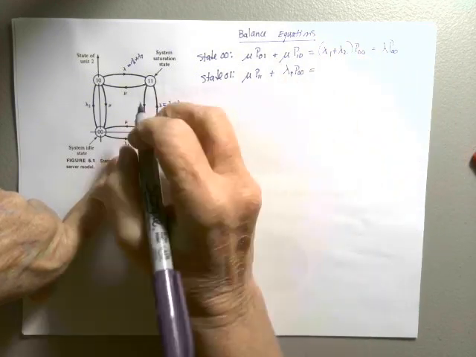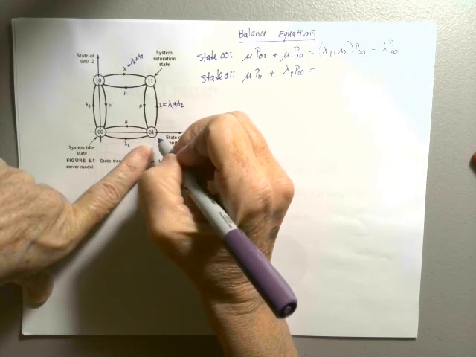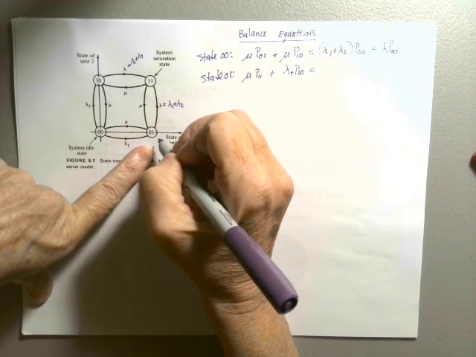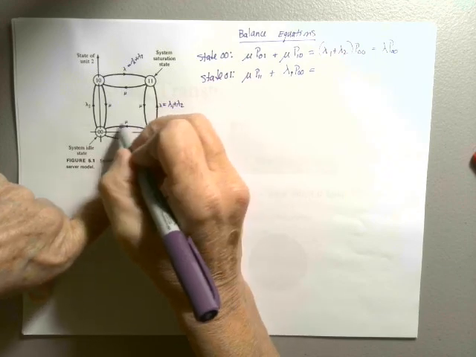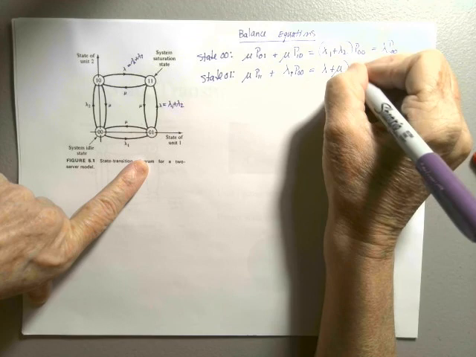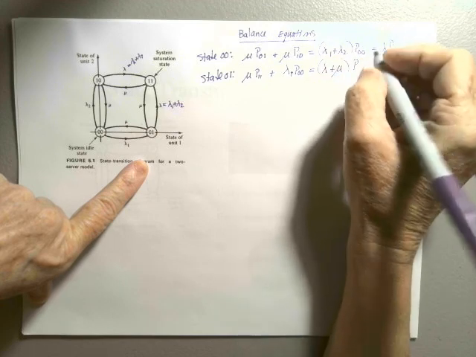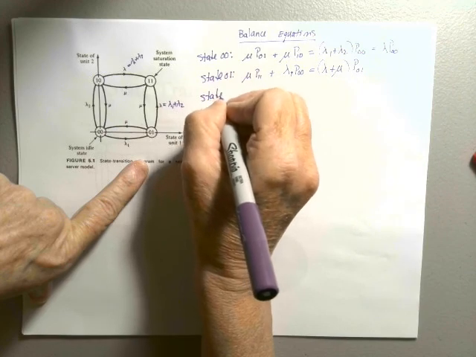And how do I get out of state 0, 1? Well, I'm going to have lambda times p 0, 1 here, and mu times p 0, 1 here. So we'll have lambda plus mu, and then I'm in the state 0, 1. Let's look at state 1, 0.